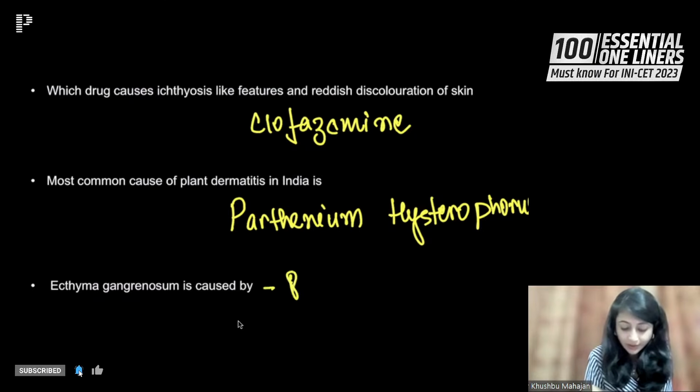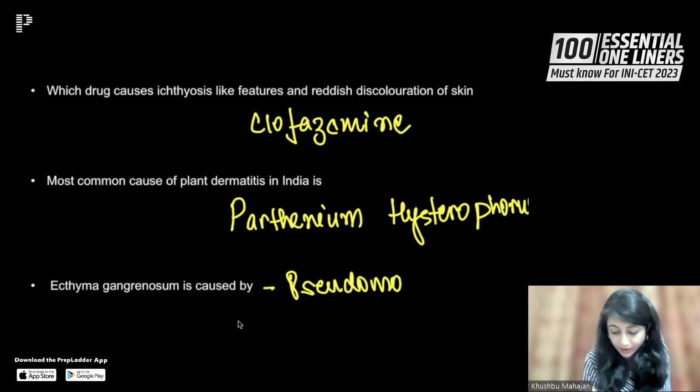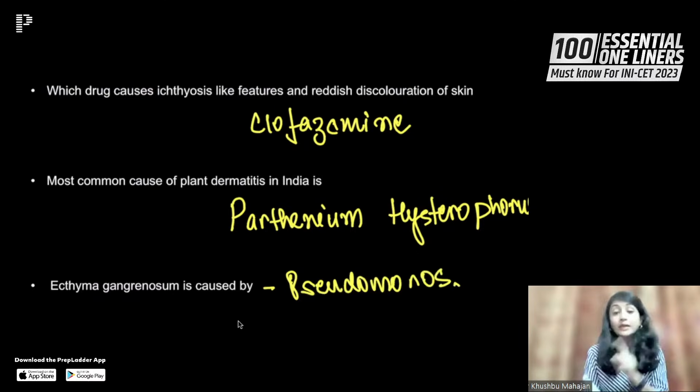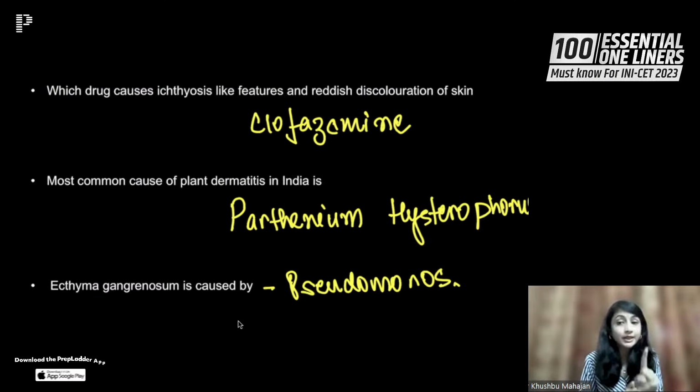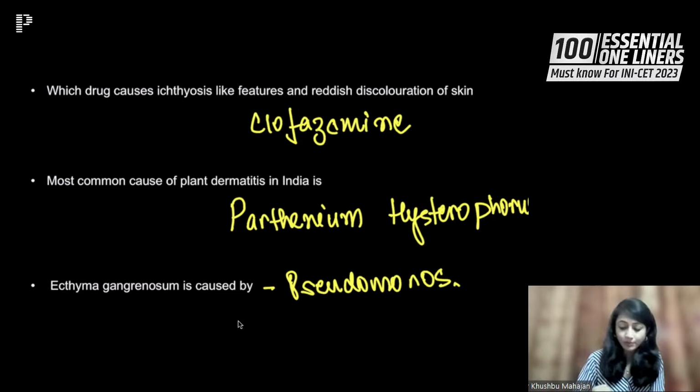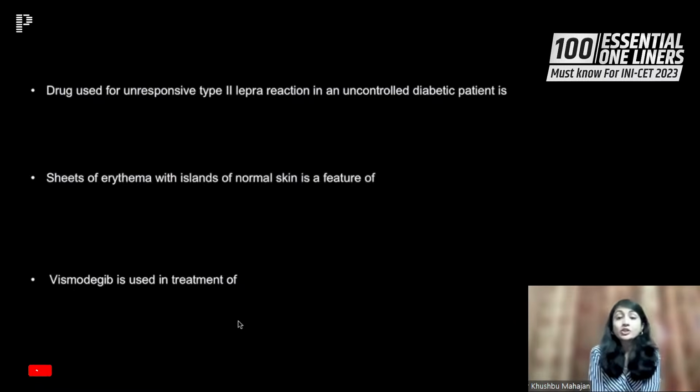Pseudomonas is the correct answer. Ecthyma gangrenosum is Pseudomonas, but ecthyma infectiosum is strep and ecthyma contagiosum is pox virus. Remember, gangrenosum, Pseudomonas aeruginosa.